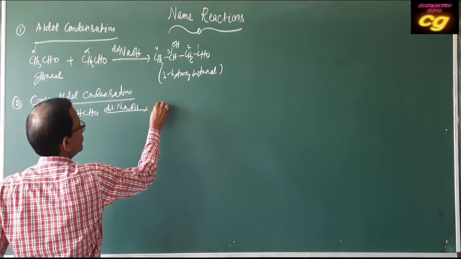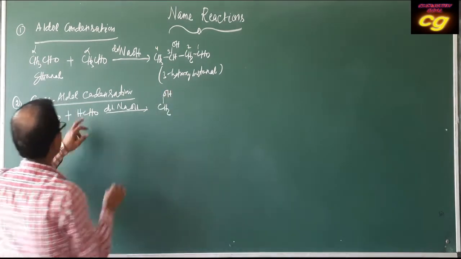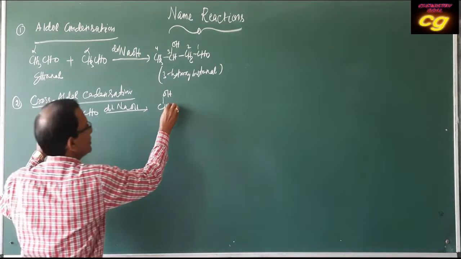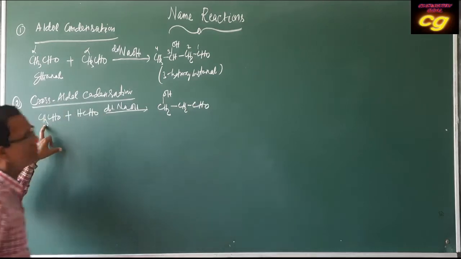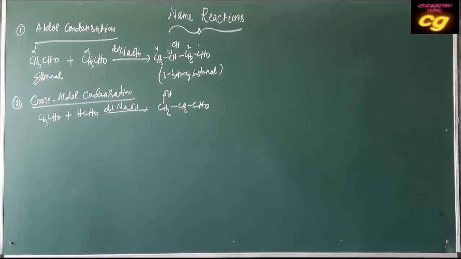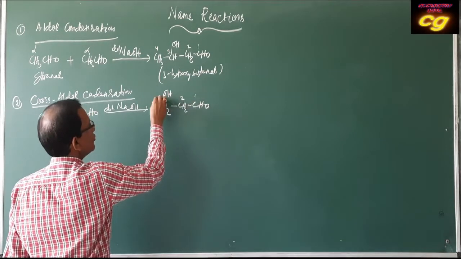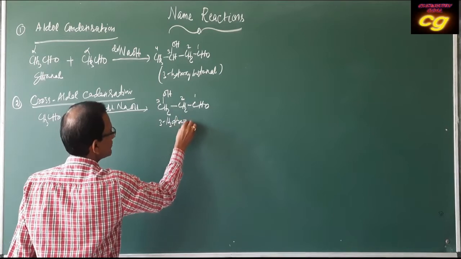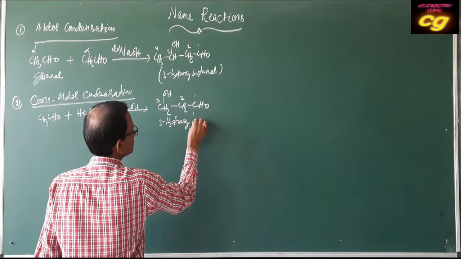CH2, O becomes OH, and it is losing hydrogen, so the remaining is CH2 CHO. This is the main product, and its name is 3-hydroxypropanal.